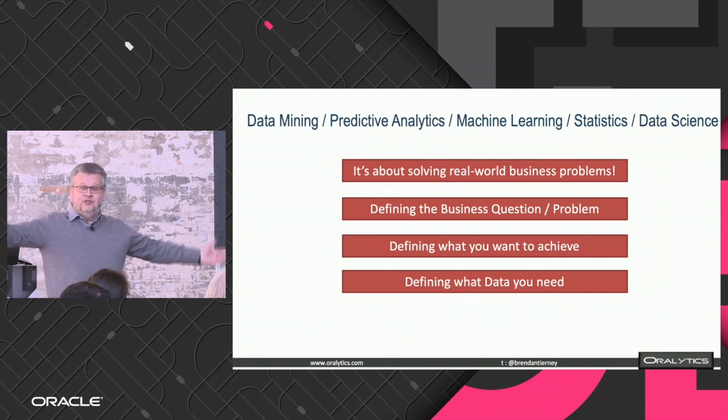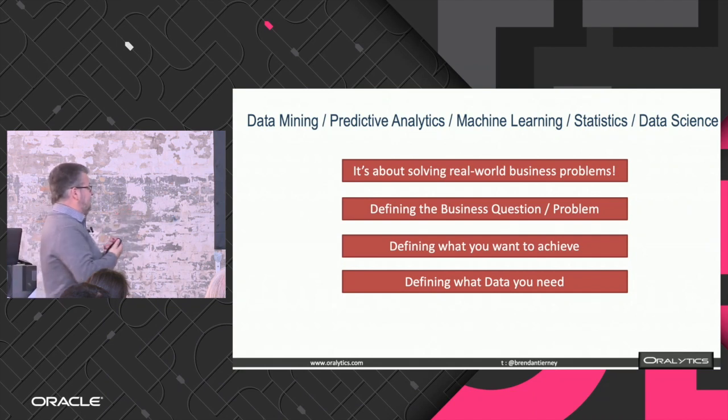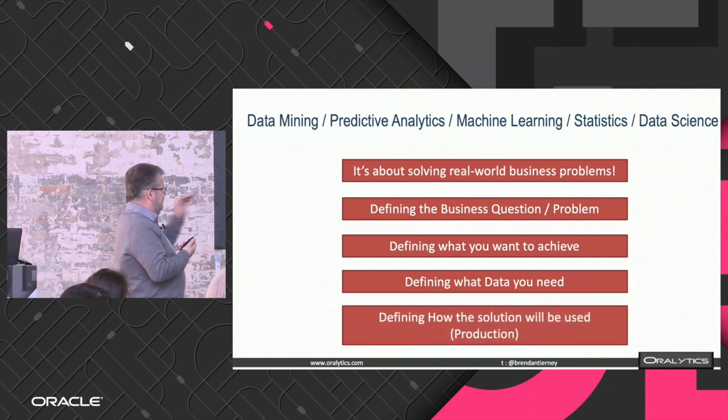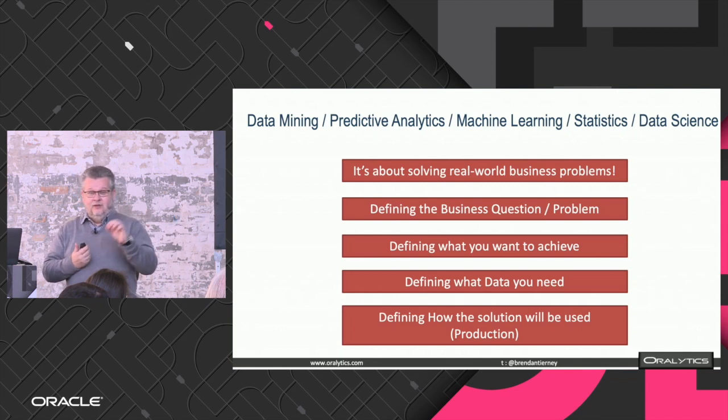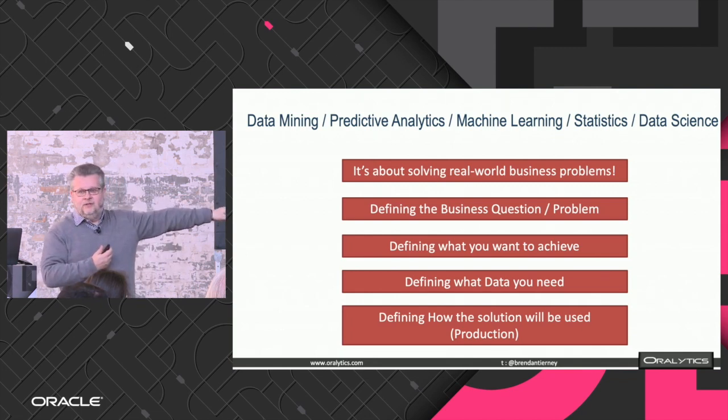So it doesn't matter how much volume you have, right? You're not going to use all your data to solve one tiny little problem. You're going to use the data that's relevant to it. And from there, the real value with all of this within machine learning is about putting it into production and getting people to use it. There's no point in being a report or a spreadsheet or something on a dashboard.